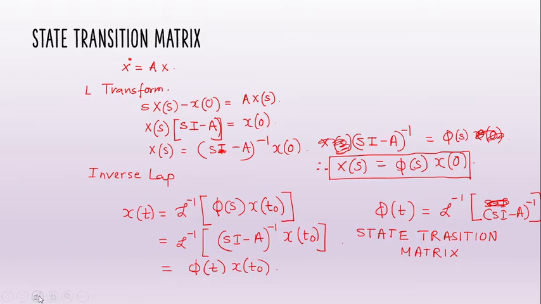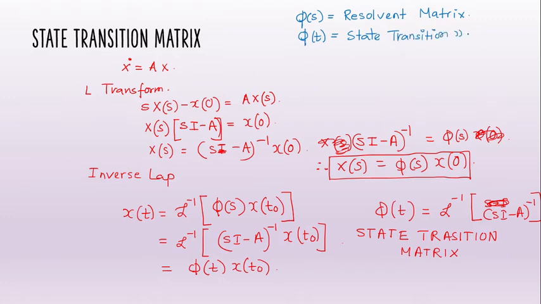So this phi(s) is called resolvent matrix, and phi(t) is called state transition matrix.